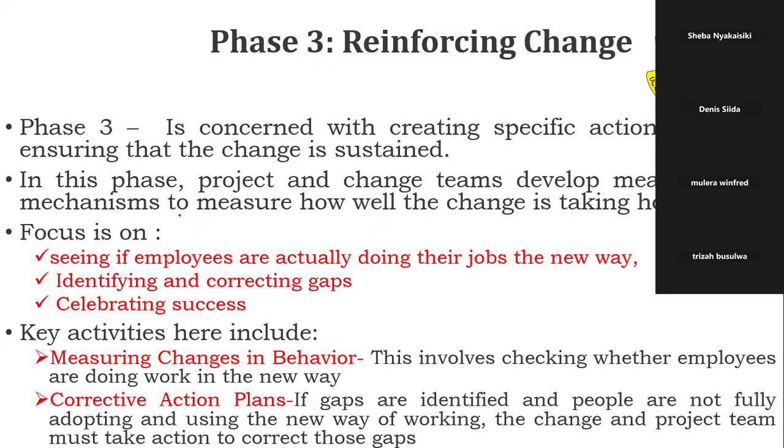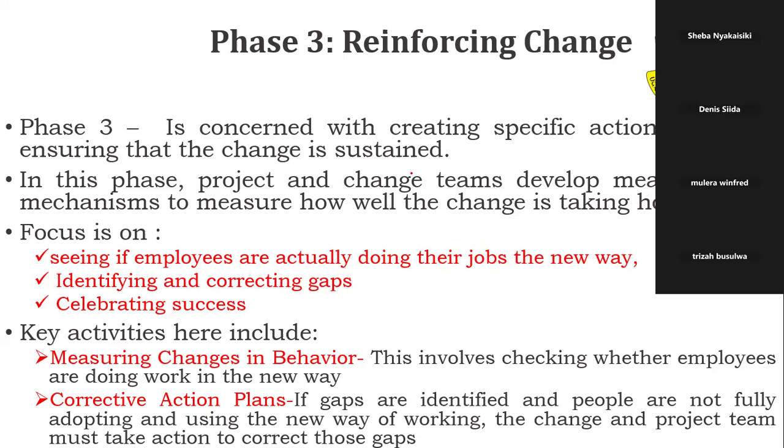Then phase three is reinforcing, because now the new process, the new system has been implemented. The new business process, the e-business process, has been implemented. So in this phase, we get feedback from those who are doing their job, and we look at where the gaps may be.